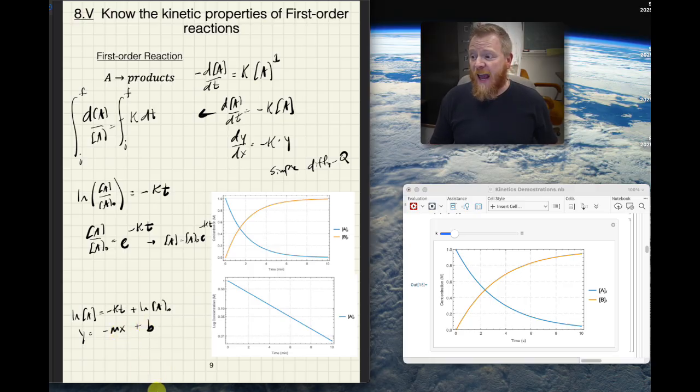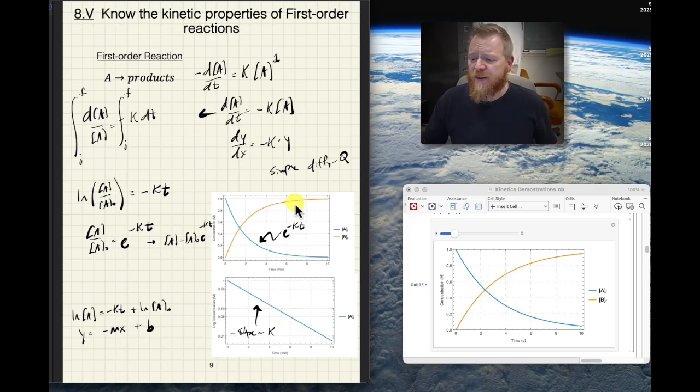And the slope on this log plot would be equal to our rate constant, if it's log of concentration versus time. So you notice here that the exponential decay constant is going to be equal to the rate constant. So that's e to the negative kt.